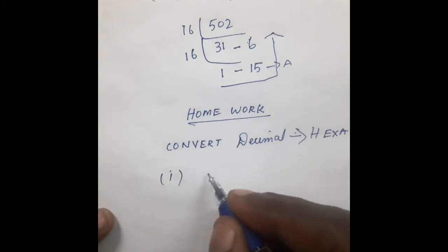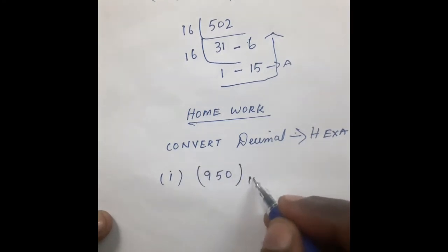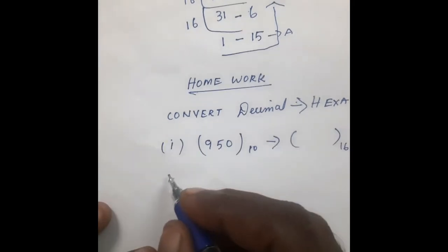First one 950, decimal number to hexadecimal number system.